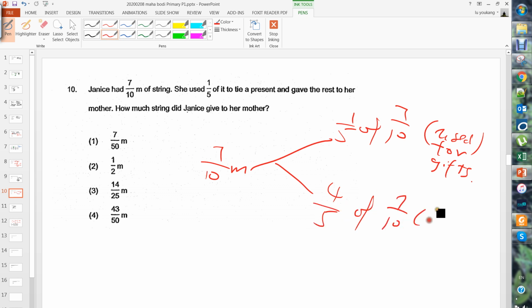So what you do is use your calculator. 1 over 5 times this. Of is times, right? 7 over 50. This one is 7 over 50, used. Then below, left: 14 over 25.